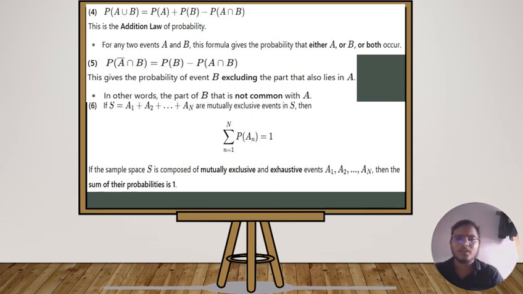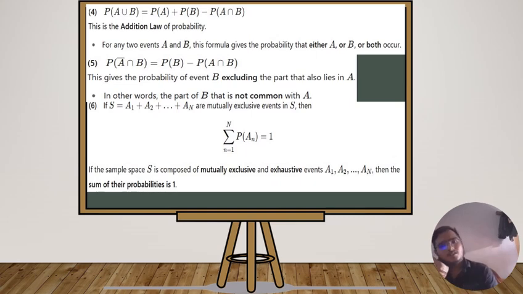Now I will take tossing two coins. We get head-head, head-tail, tail-head, tail-tail, and now my event A union B is getting two heads or getting two tails. So we have to find P of A union B.